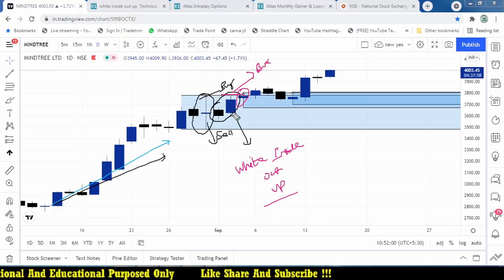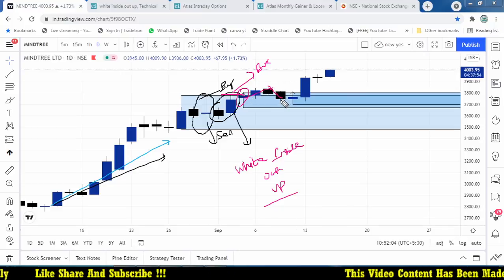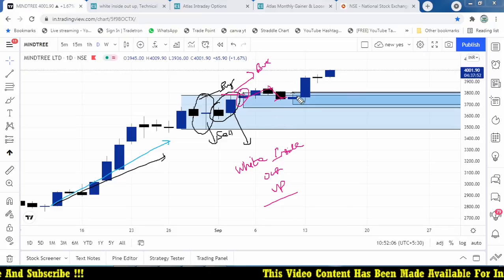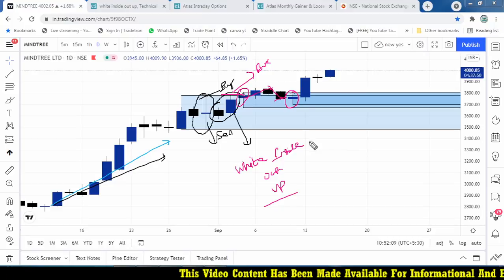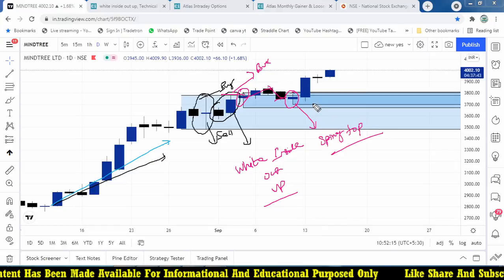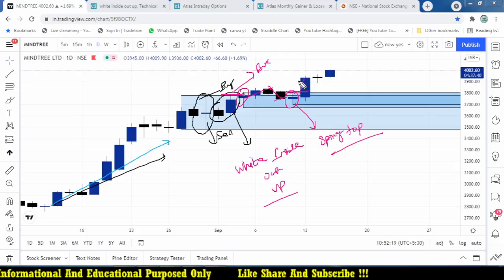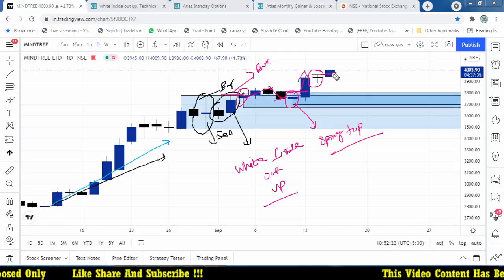The next day it broke out, then moved slightly higher, stayed at the same level for 2 days, and again formed a spinning top. But this spinning top does not happen at the highest or lowest level, the trend is going on. Again the breakout gives a great movement, then again a doji, and today it broke out again.